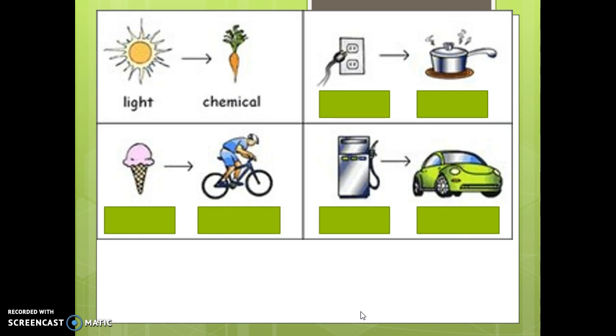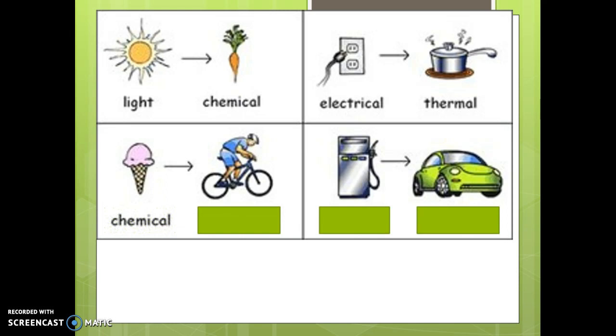The next type of energy that you see up here is electrical energy. We can use electricity then to boil this water on the stove, and so we would list that as thermal energy. So electrical energy is converted to thermal energy. Down in the left-hand corner, this type of energy again is another food source. So just like our carrot, it would be chemical energy.